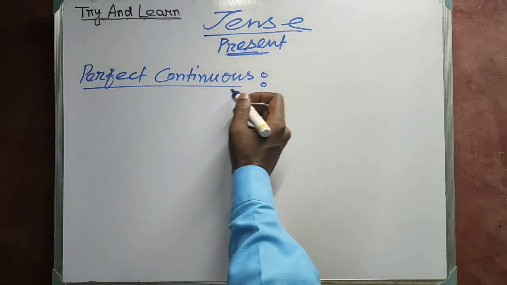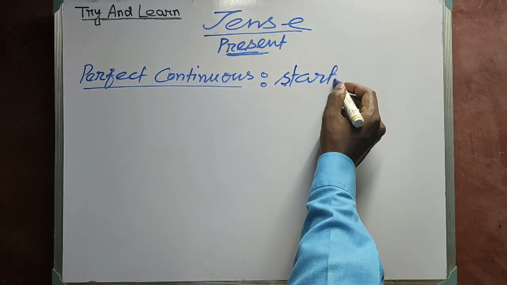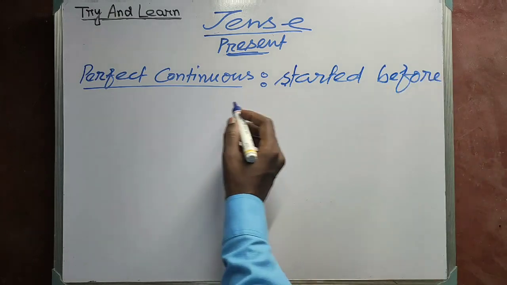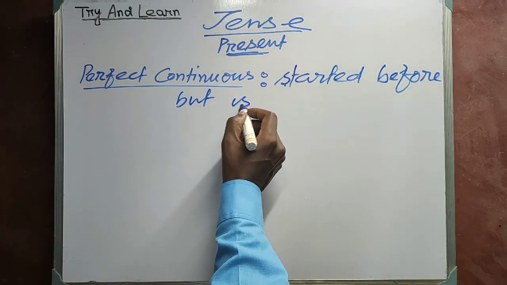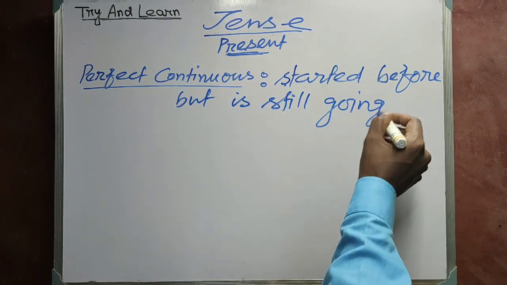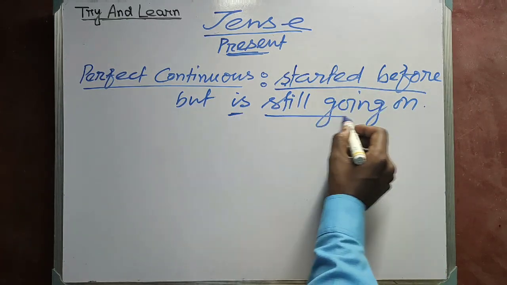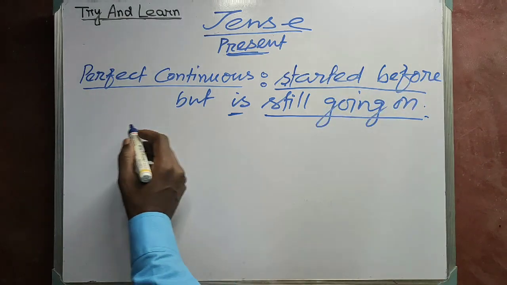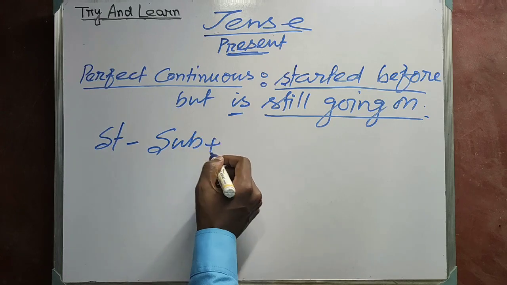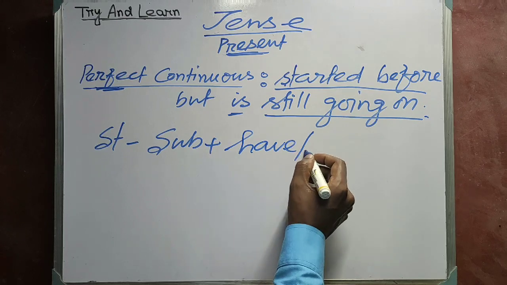Next, present perfect continuous. It shows an action that started before but is still going on in the present time. Structure. First subject plus, as it is perfect, have or has.